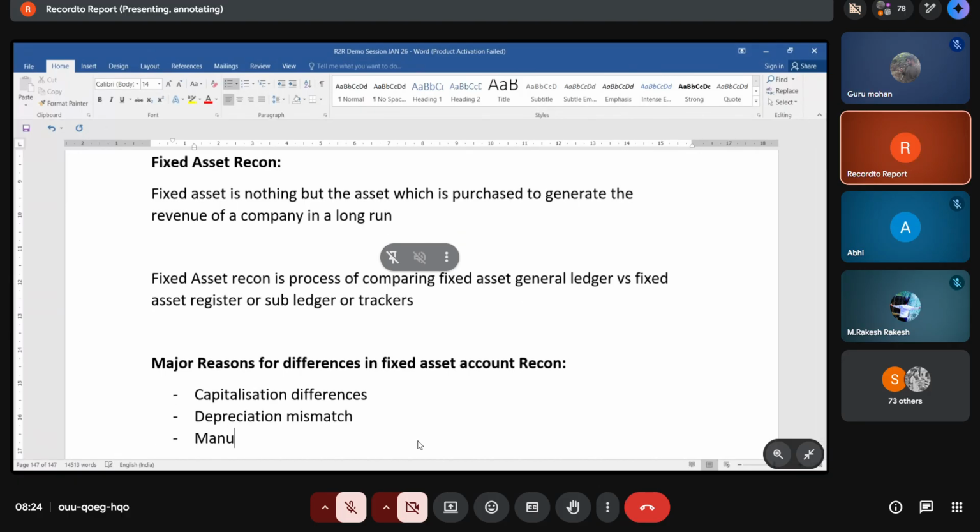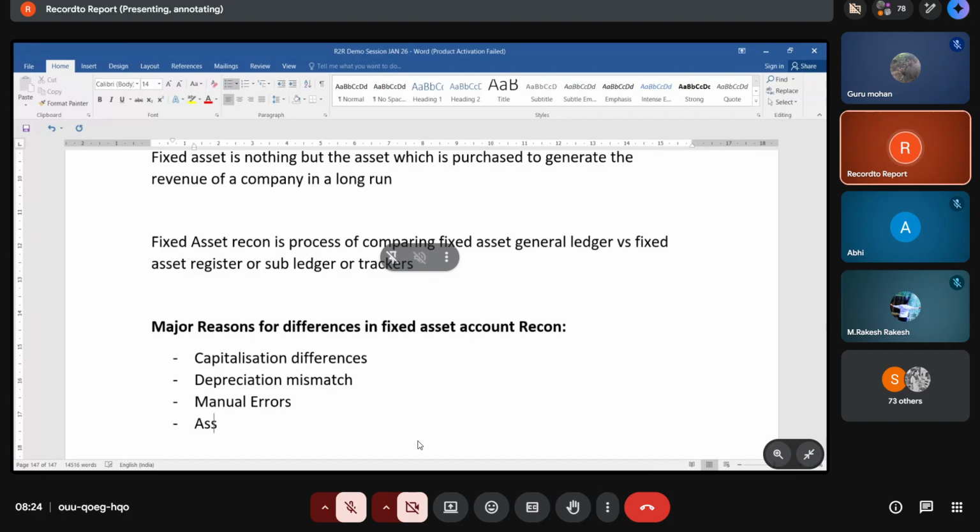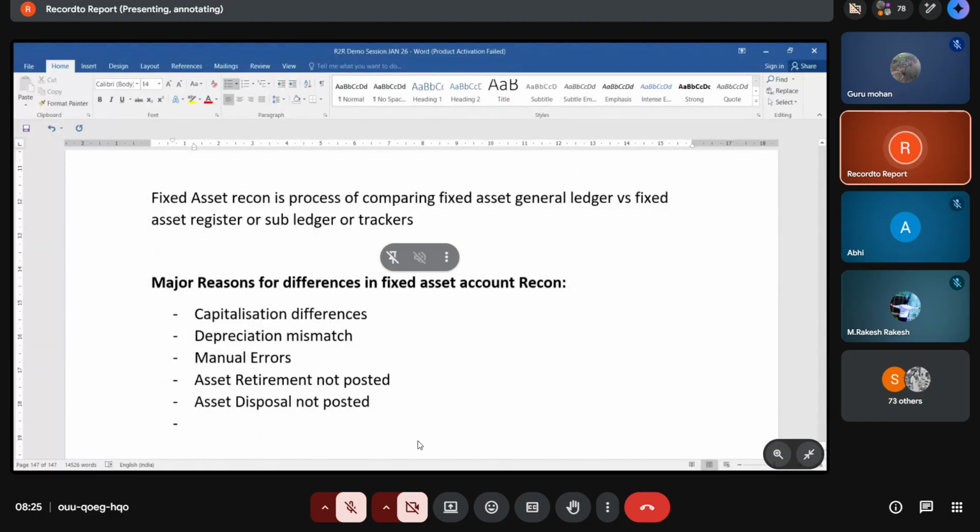Then asset retirements not posted, asset disposals not posted, and asset transfers not recorded properly.